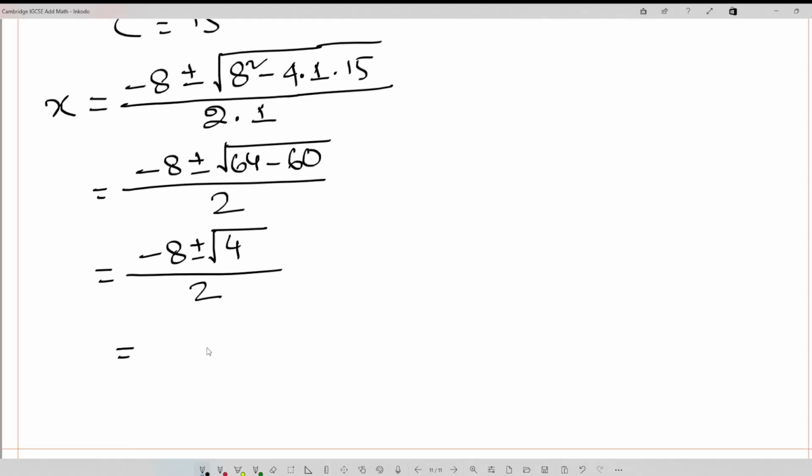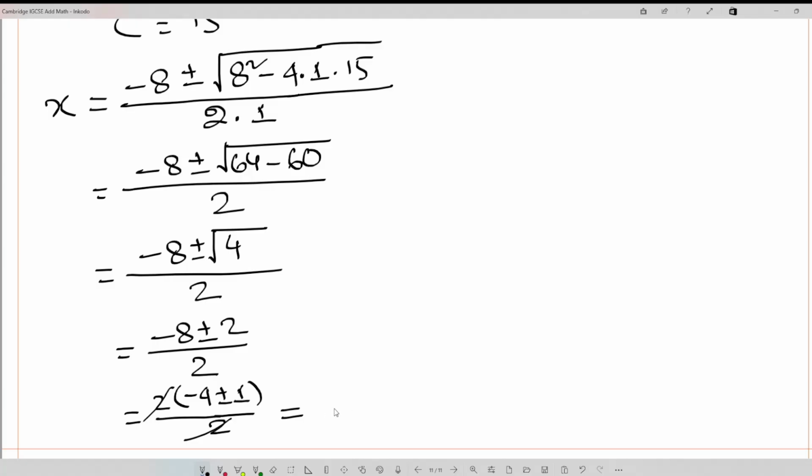Now look, minus 8 plus or minus root 4, it means 2, divided by 2. So we can take common 2, right? So minus 4 plus or minus 1, divided by 2, this 2 and 2 cancel out, and here x equals minus 4 plus or minus 1.